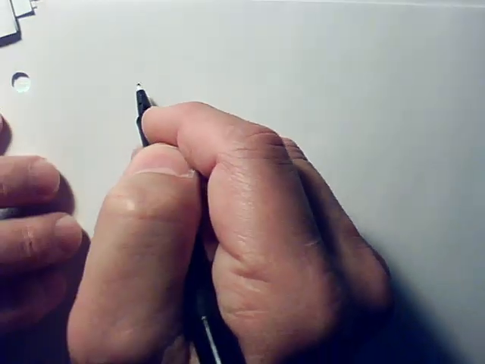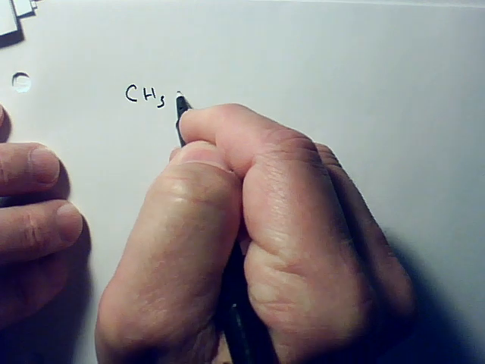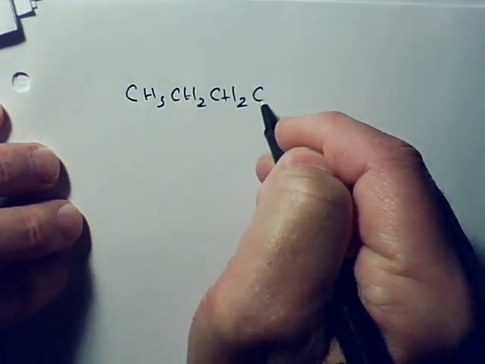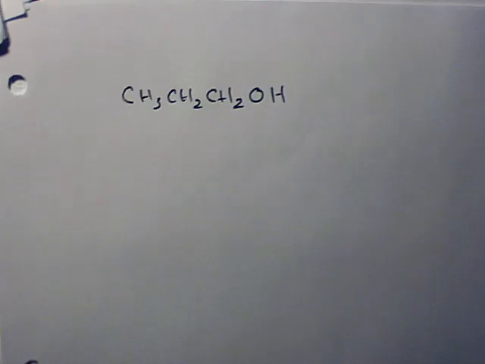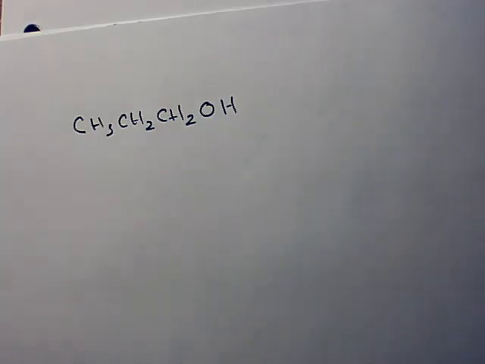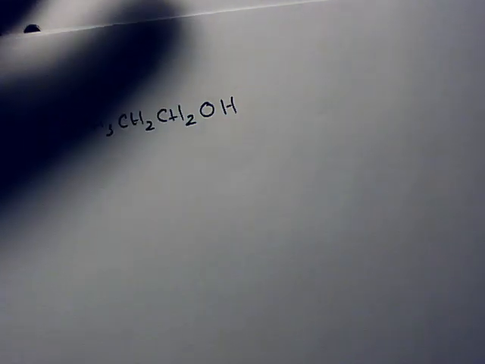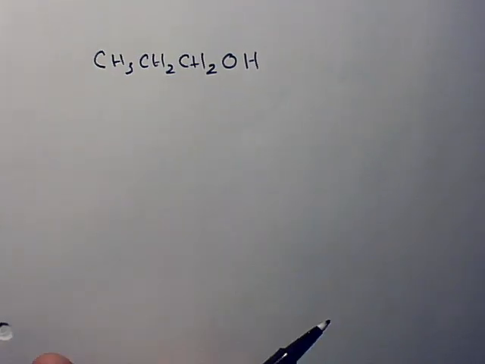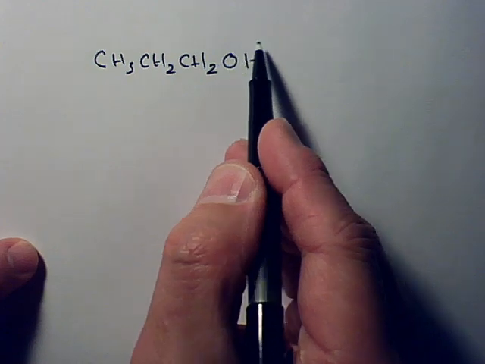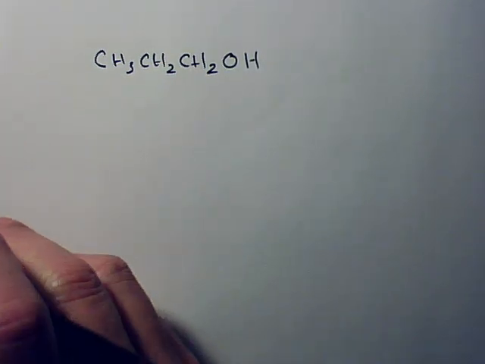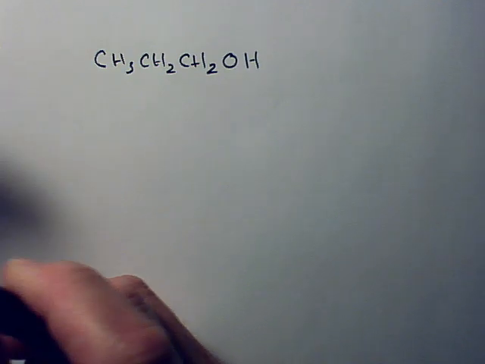But then we stick a functional group on there, like this. What does that do? Is this functional group going to change things? Why? It's an alcohol.